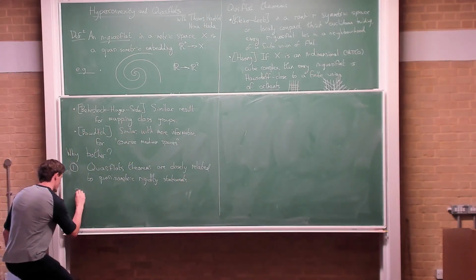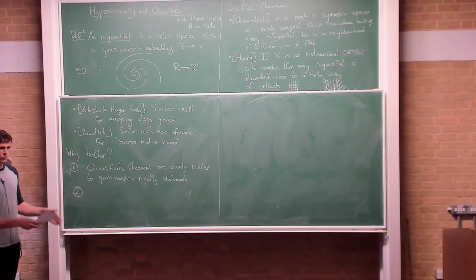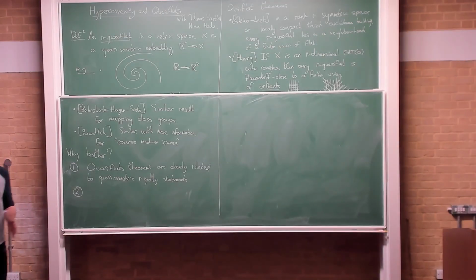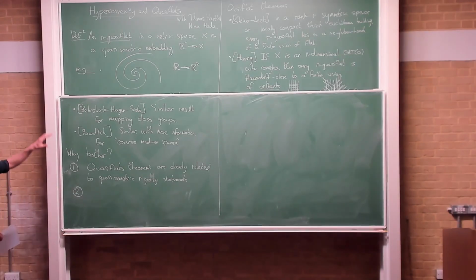And a second reason is that as soon as you know some class of groups has some property, you can then turn that around and say, if I have a group that does not have that property, then it was not in that class. That's a pretty stupid way of saying it, but basically, once you have these quasi-flats theorems, you can use that to find obstructions to a group being, say, co-compactly cubulated.